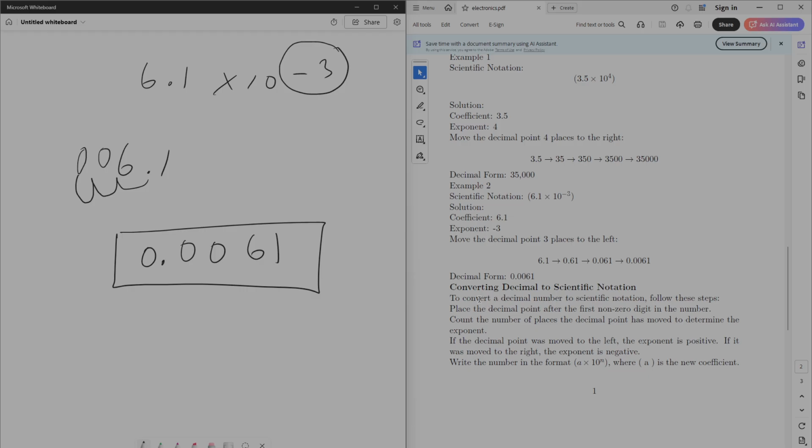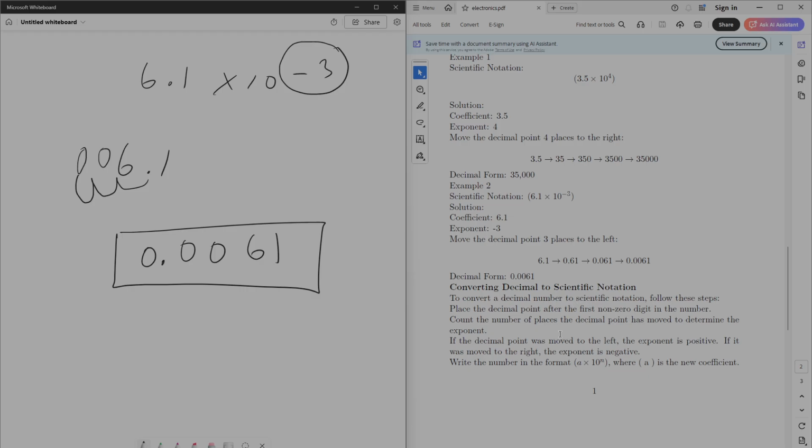Now we're going to learn how to convert from decimal to scientific notation. To convert a decimal number to scientific notation, we're going to follow these steps. We're going to place the decimal point after the first non-zero digit in the number.